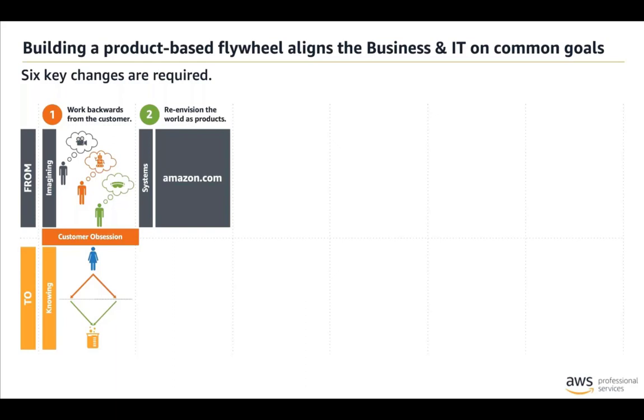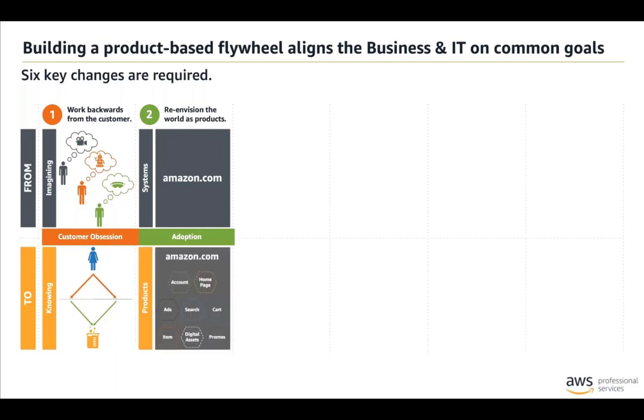In order to move to a product model where we could drive adoption and reuse of the functionality within Amazon.com for other purposes beyond retail, we first had to reimagine what those individual products would look like. Examples might include homepage, customer account, search, shopping cart, item management, digital asset management, and others.